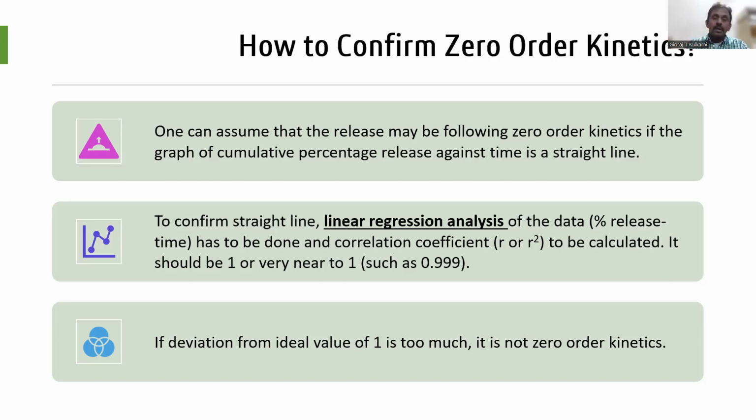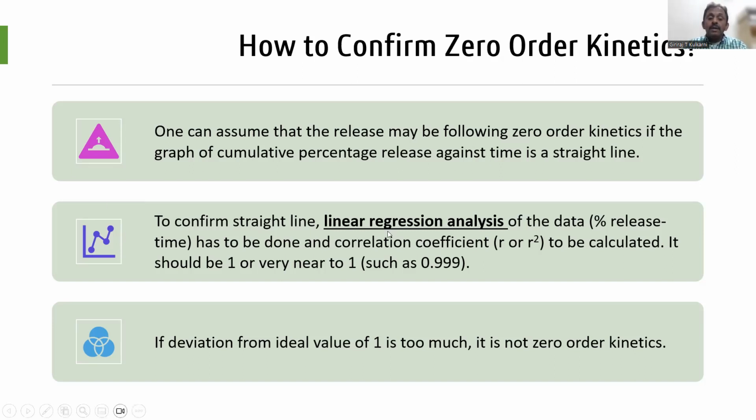If it looks like a straight line, then we can assume that the release may be following zero order. Just by seeing the graph, we can predict that it may be following zero order, but to prove it, we need to do linear regression of the percentage release against time data.